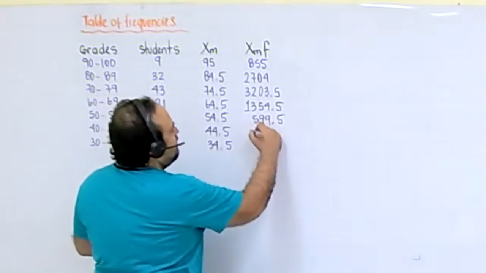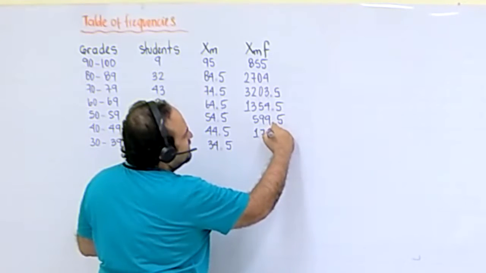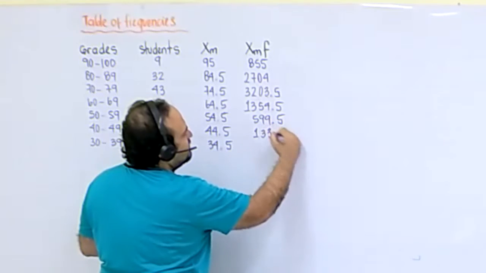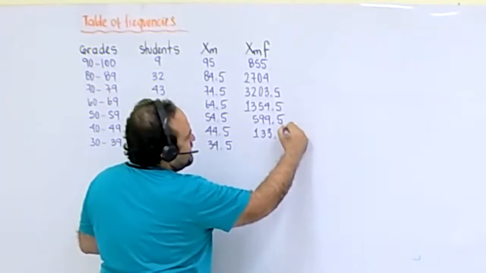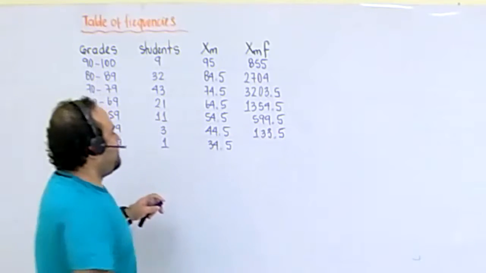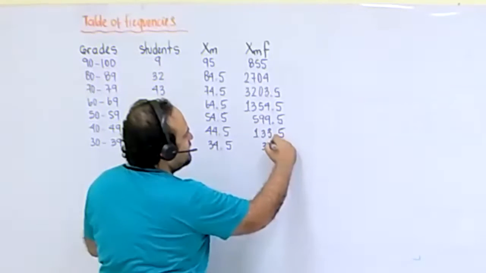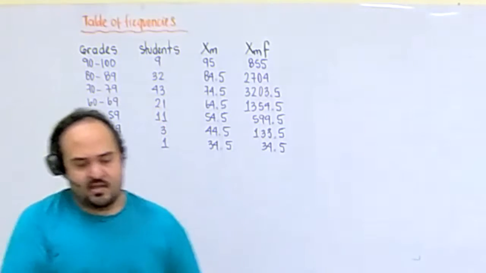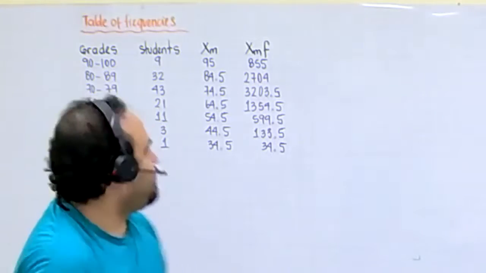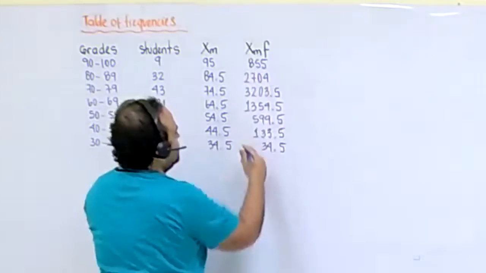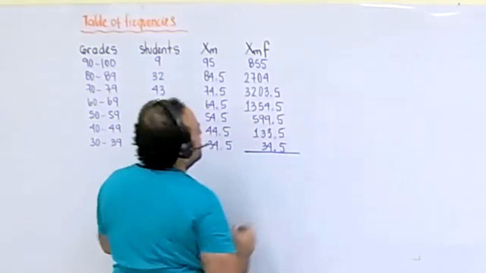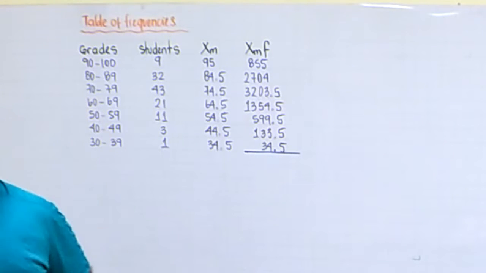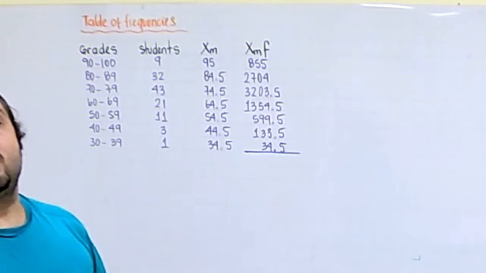133.5. And obviously the last one was 34.5. Okay, and please tell me what was the addition of these values. ¿Cuánto nos dio la suma de todos esos valores?